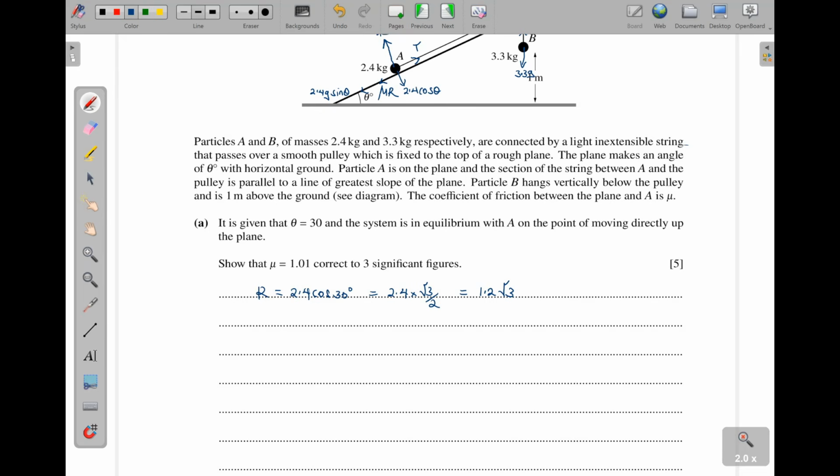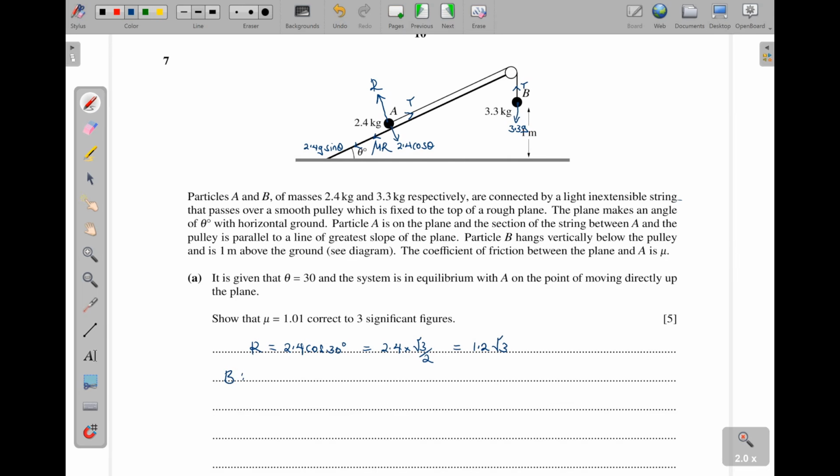Then, when we look at the forces acting on B, the tension going up here is equal to this one going down. So we shall have T equal to 3.3 G. So that is times 10, so T is equal to 33 newtons.